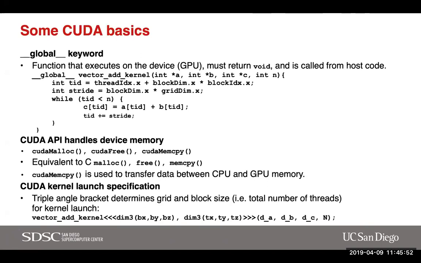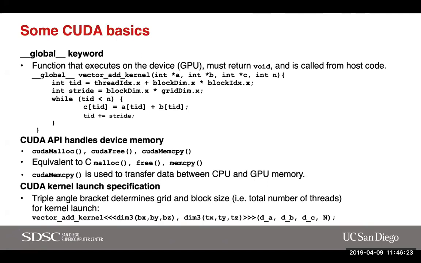And then finally, once you've written a kernel, you also have to launch the kernel, and you have to tell the GPU how many threads you want to run. And that's used with the kernel launch specification. So you use a triple angle bracket when you're calling the vector addition kernel, with this triple angle bracket notation. And you give it the number of blocks, right? And you give it the number of threads in a so-called DIM3 data type, which basically just contains 3 integers that default to 1.